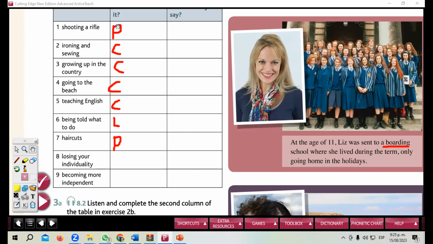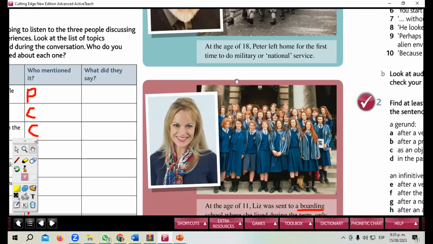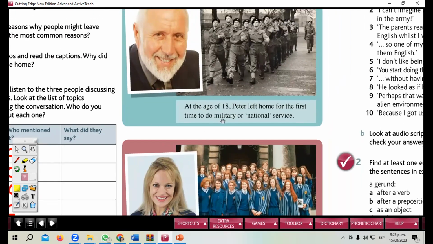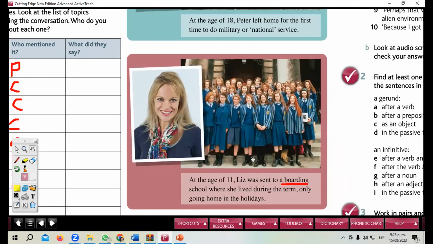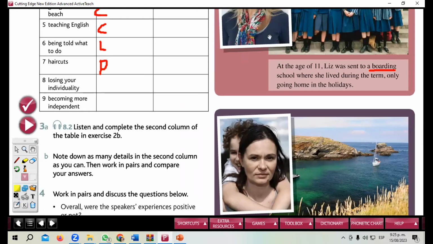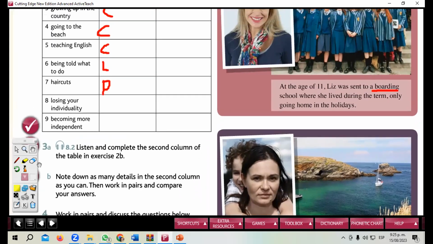Losing your individuality. Okay, losing your individuality. Who do you think mentioned this? The military, the boarding school, or au pair? Maybe Catherine, being an au pair. I don't agree.